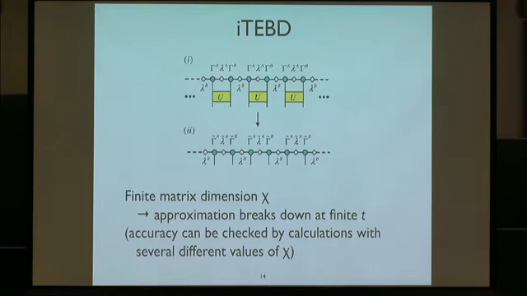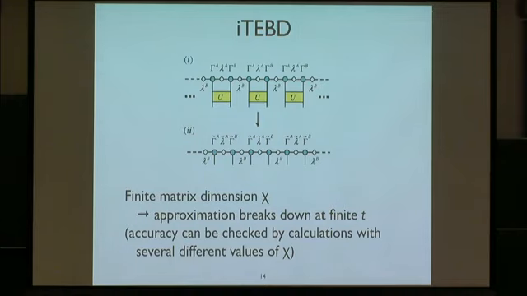In practice, if you want to study time evolution, you decompose the time evolution into pieces. At one step, you apply time evolution operators to a pair of these sites. This U is the exponential of minus iH times the time step.